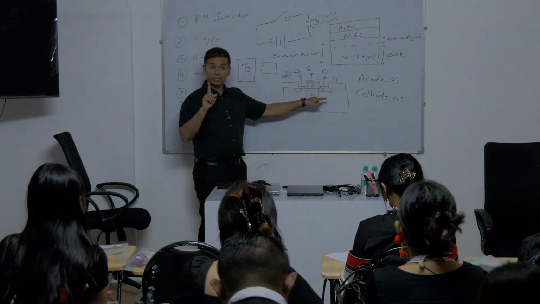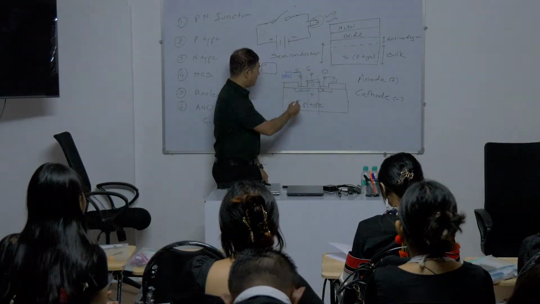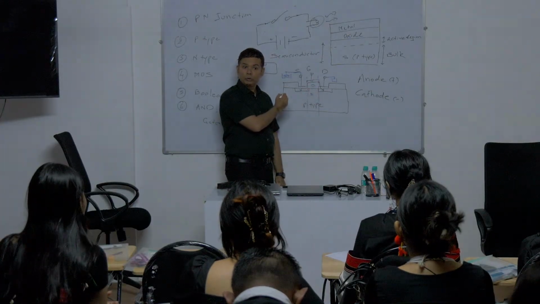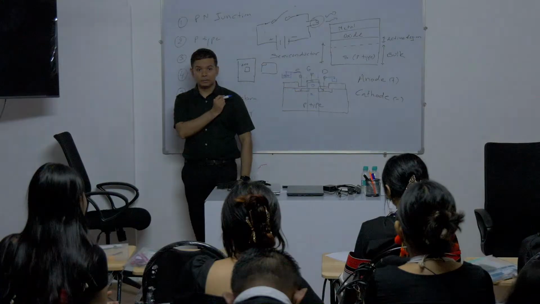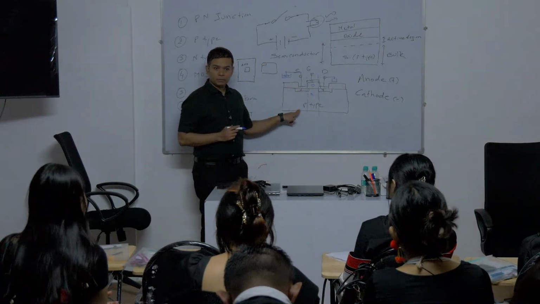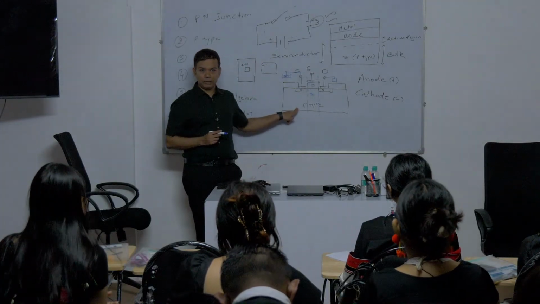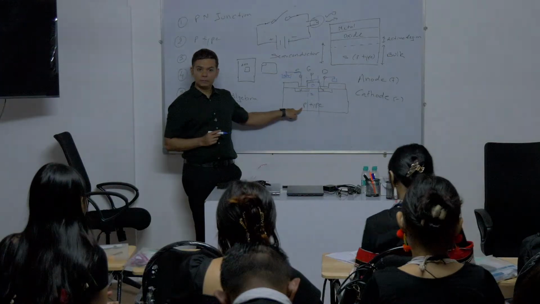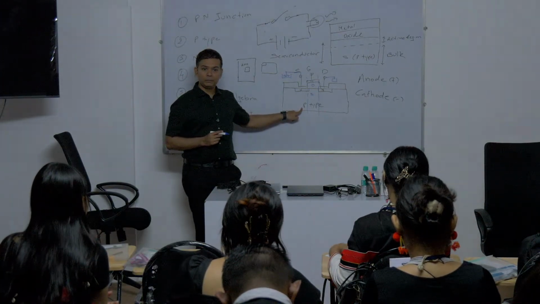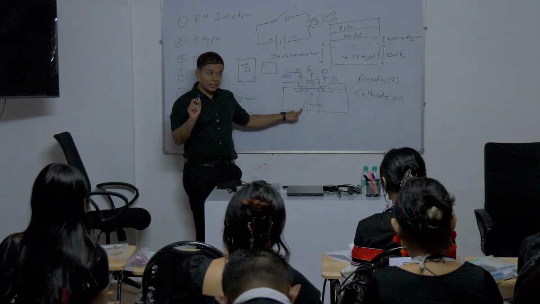So that is what we discussed yesterday: what should we do so that this thing gets closed? So what did we discuss? The substrate is of which type? This is the substrate, right? The substrate is P-type, and in P-type the majority charge carriers are holes and the minority charge carriers are electrons, right?